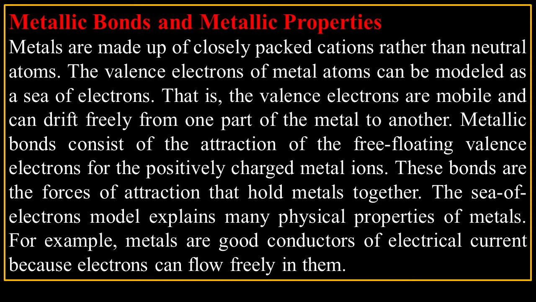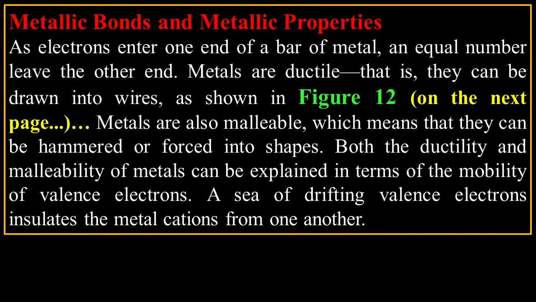The sea of electrons model explains many physical properties of metals. For example, metals are good conductors of electrical current because electrons can flow freely in them. As electrons enter one end of a bar of metal, an equal number of electrons leave the other end. Metals are ductile, that is, they can be drawn into wire, as shown in figure 12 on the next slide.